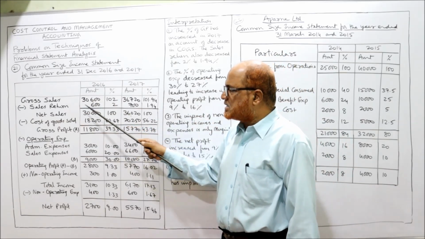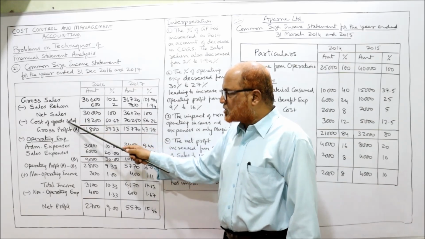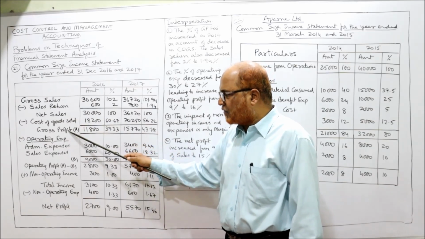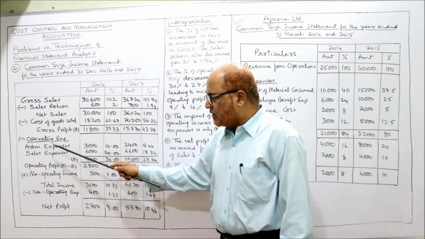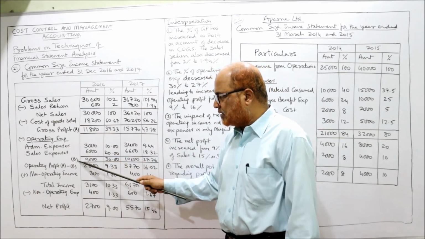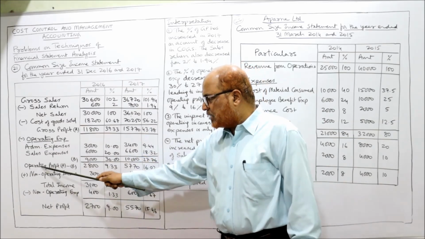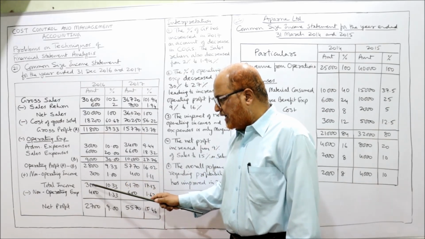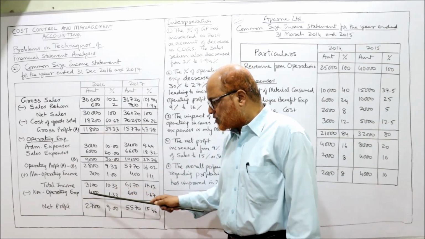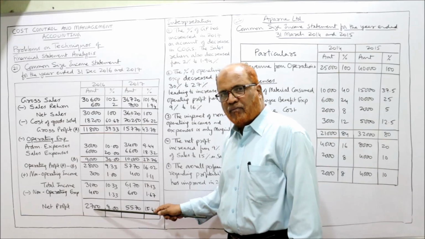Gross sales less sales return gives net sales, less cost of goods sold, we get gross profit, denote it as A. Then operating expenses are administrative expense and selling expense, total is B. A minus B gives the operating profit. Then non-operating income is added, so total income. Less non-operating expense, we get the net profit.